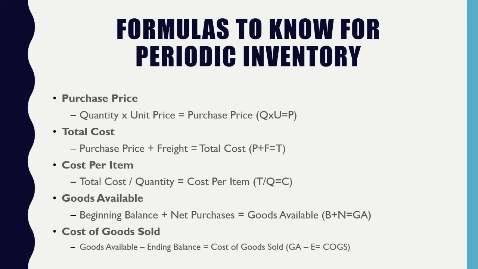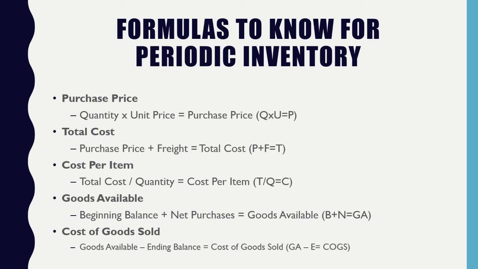Straightforward, quantity times unit price, okay? We have total cost, right? Total cost is going to be your purchase price plus freight equaling your total cost, okay? And then we have your cost per item, all right? Taking your total cost, dividing it by the total quantity, all right?